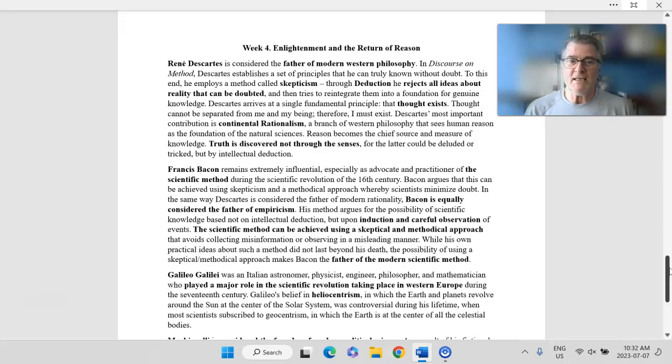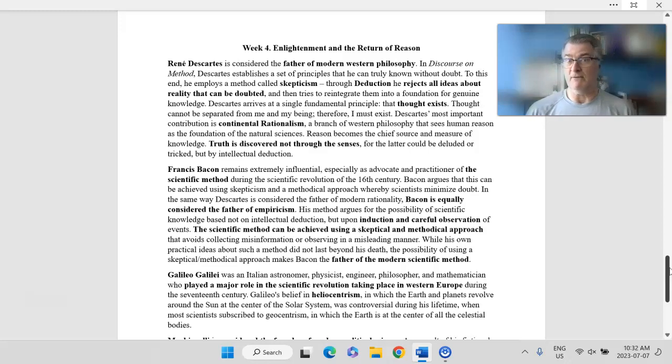But if we use induction, right? If we look at all the things that we have, we not deduce, but induce. In other words, I'm going to look at every swan in the world, and every single one that I've seen is white. Therefore, I will hypothetically state with some degree of certainty, not absolute, that swans are white.